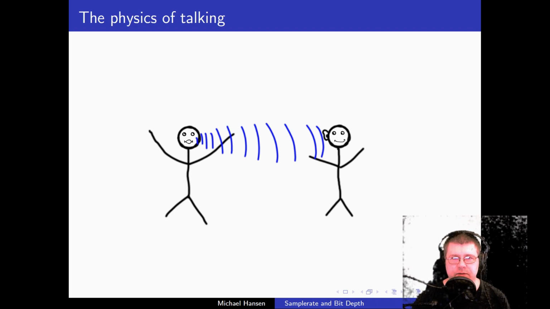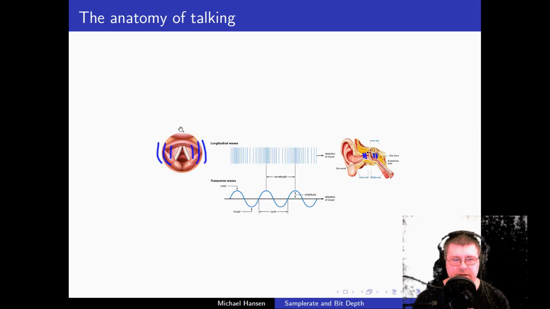Let's go a little bit more into the details. So over here you can see the vocal cords, and I've tried to put lines around them suggesting that when they vibrate, they generate movement of air. They generate vibrations in the air.